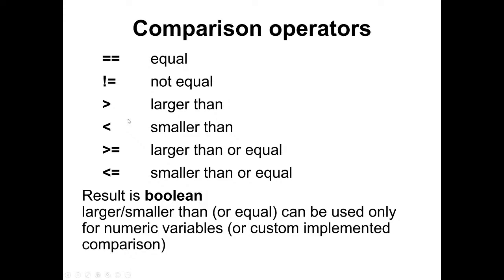If it's larger or smaller, that's the strict way. If it's larger or smaller, not strict way, it's larger or smaller than or equal. Yes, and obviously larger or smaller or equal can be used.